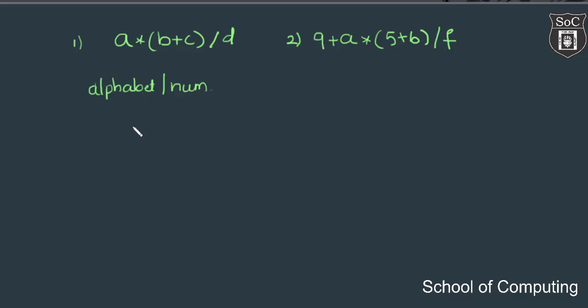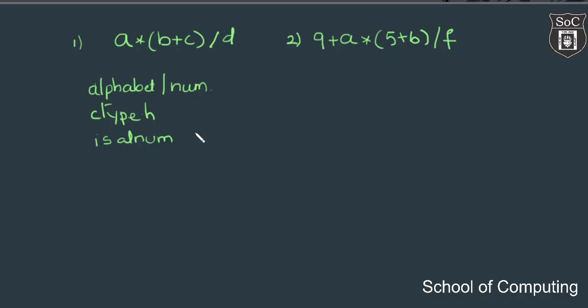In C language, we have a header file called ctype.h. In this header file, we have functions like isalnum. If you pass any character as input, it will return whether that character is an alphabet or number.